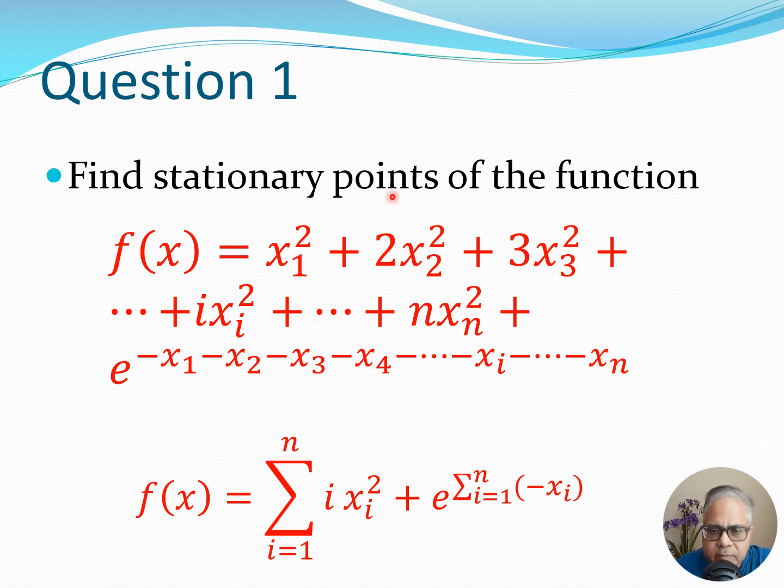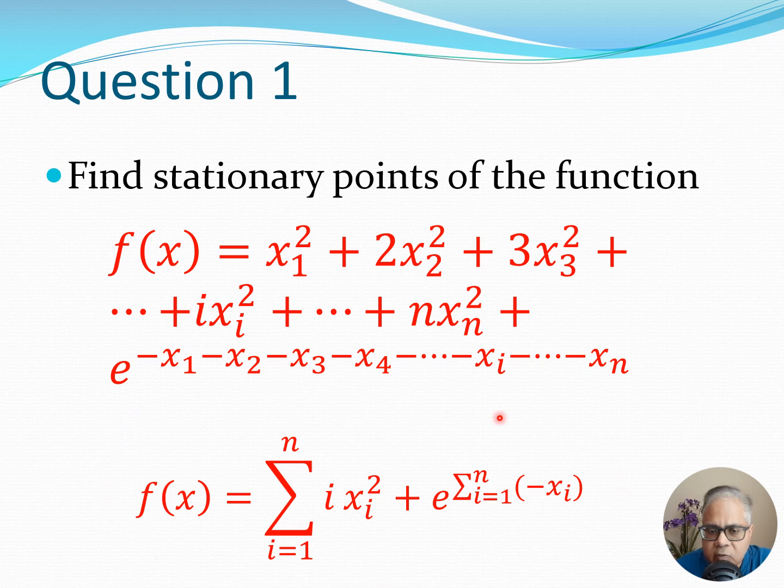So essentially this is one part of the function, and the second part of the function is plus e to the power minus x1 minus x2 minus x3 minus x4 all the way to minus xi and then all the way to minus xn. So this is the general form of the function for which we have seen the one-dimensional and two-dimensional manifestations in the previous slide.